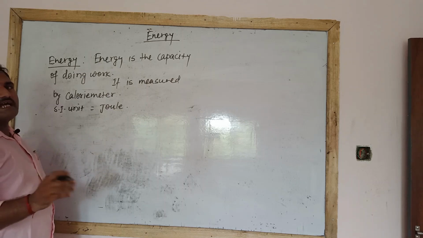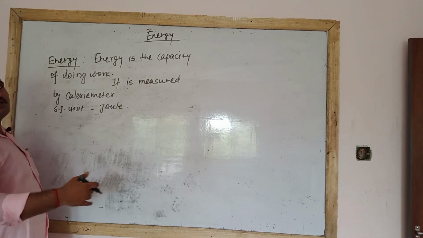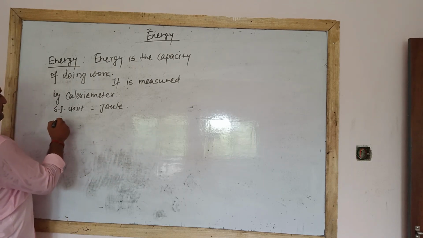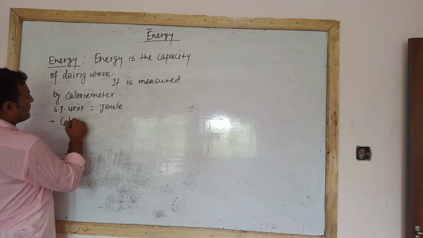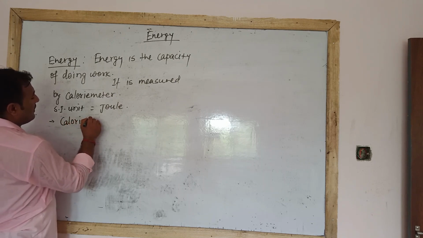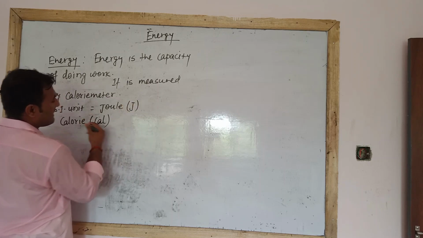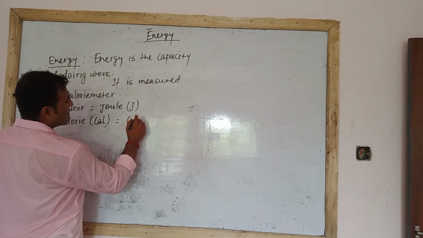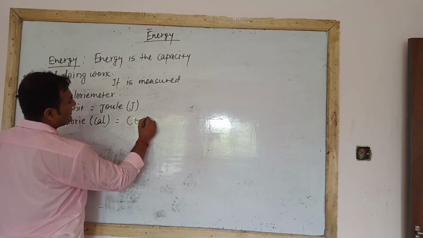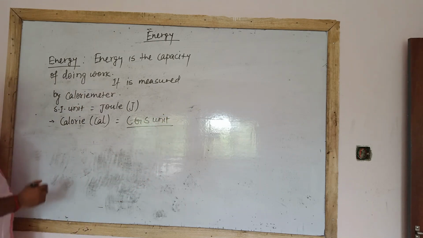And also we can write the CGS unit of heat energy or energy is calorie. Joule is represented by capital J. Calorie is also called the CGS unit of heat energy or energy.